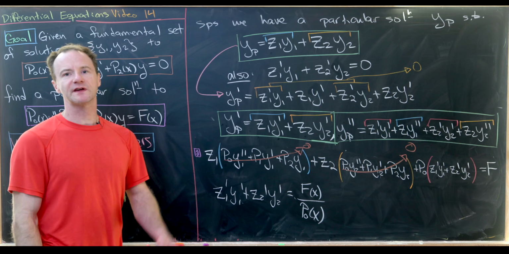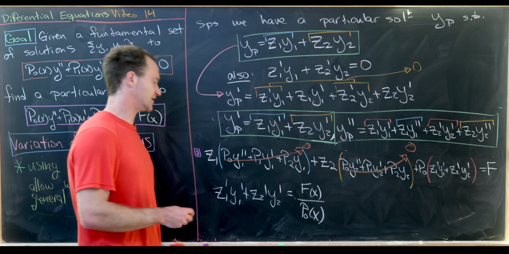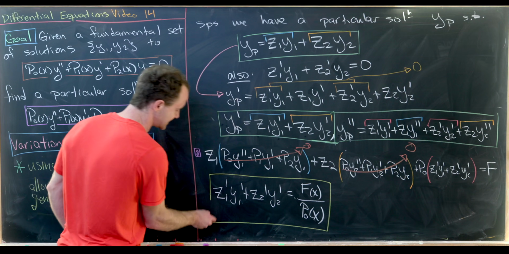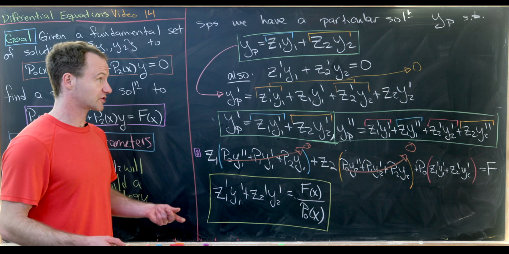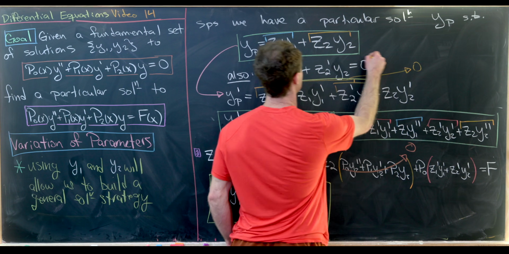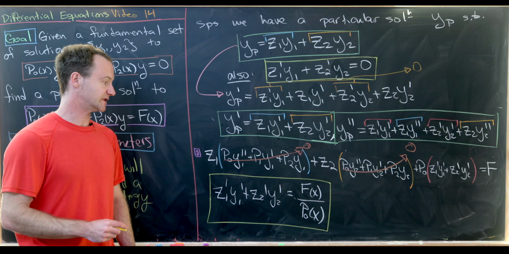Okay, now we're going to move to the next board to finish our derivation of the solution strategy, but I'd like to point out that we have this equation satisfied, which only involves z1 and y1 and first derivatives. And we also have this equation right here satisfied that only involves first derivatives of z1 and z2 as well.